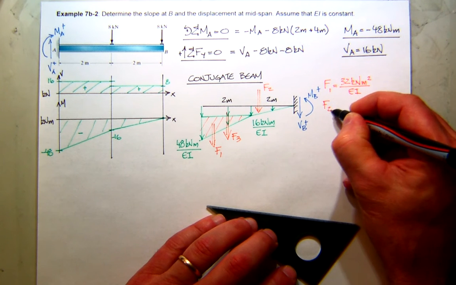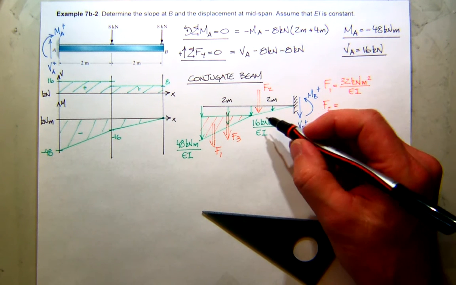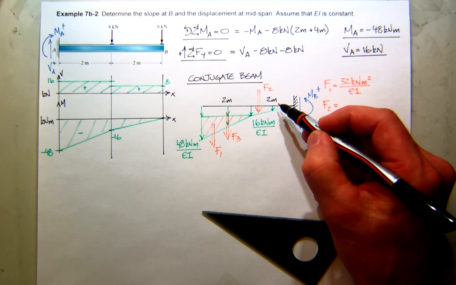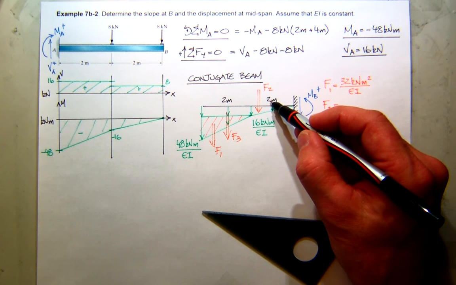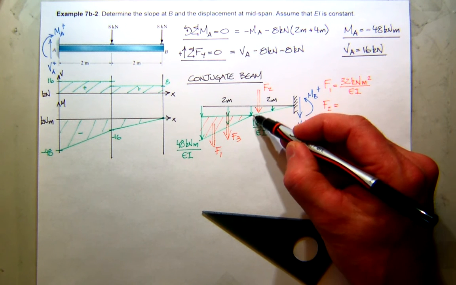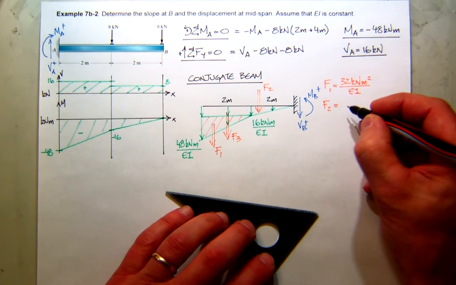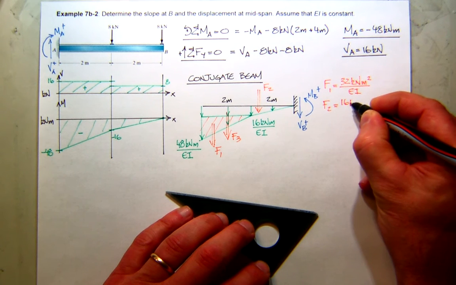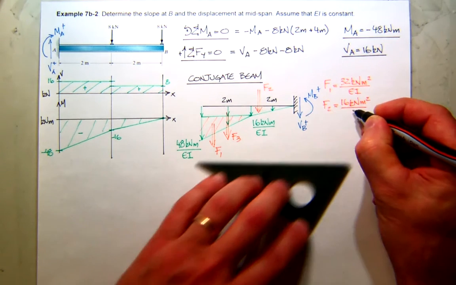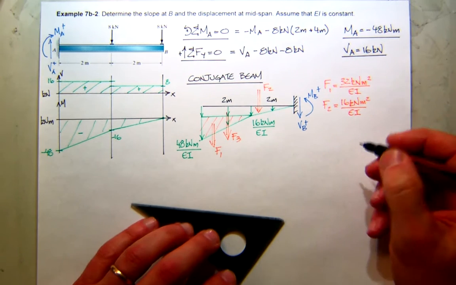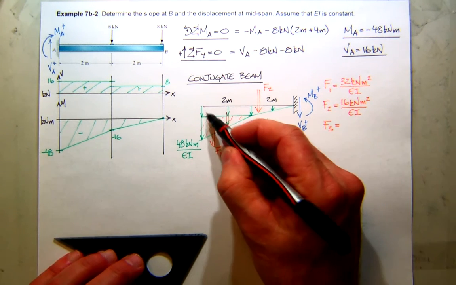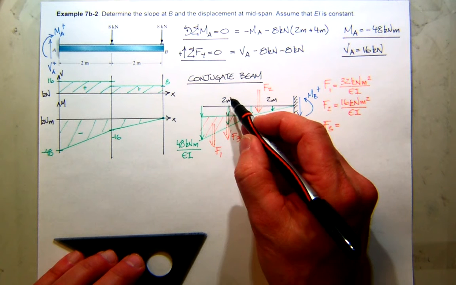What is force 2? Well, that's just this little triangular piece here. 1/2 base times height. So again, the 2 and the 1/2 and the 2 meters cancel, and I just get this height, which is 16. So this becomes 16 kilonewton meters squared over EI. And then finally force 3, which is this rectangular portion here, which is just base times height.